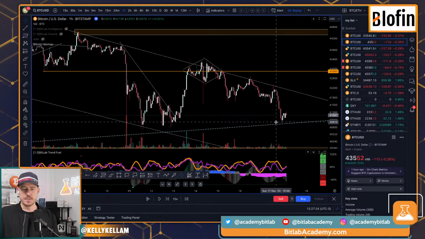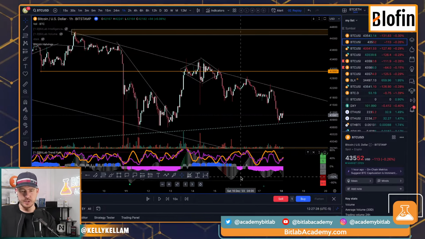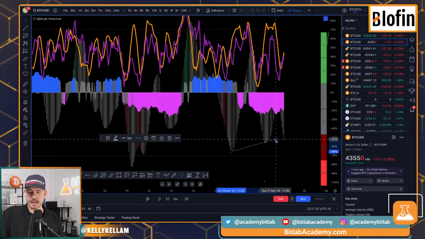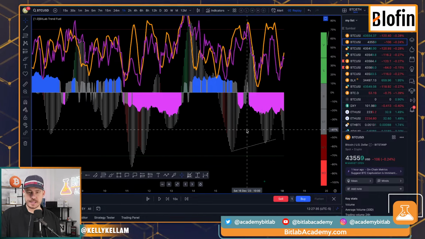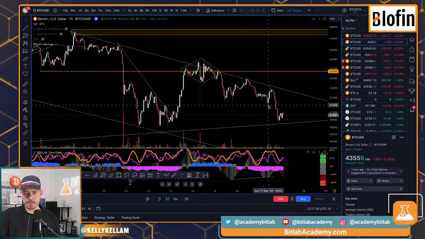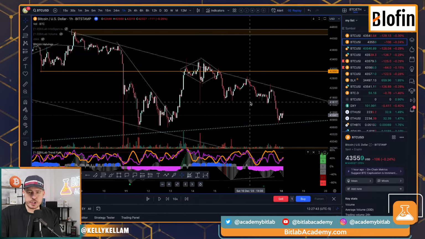But what do we see right here when we're looking at the BitLab trend fuel? These same two locations. We see a low and a higher low in these same two positions, where this is and where this is. Okay. So there is some bullish divergence forming right here.